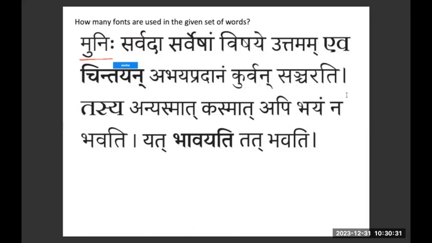This is first, of course, it's different. This is different. This is different. This is also different. This is different.